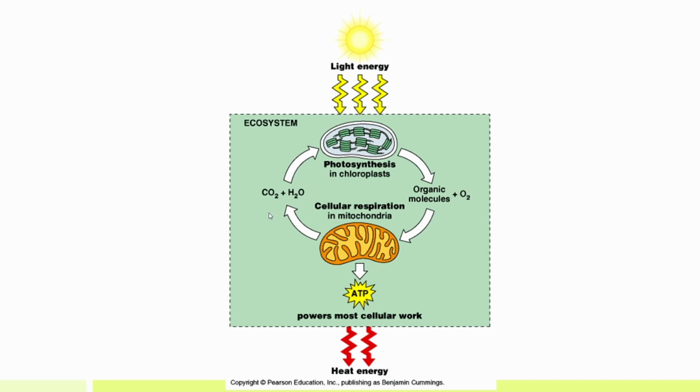So in the carbon cycle, carbon leaves the air in photosynthesis and returns in an organic molecule. We're getting oxygen returned to the environment via the oxygen cycle, via photosynthesis. But the same reactants are products in one reaction, and vice versa in the other reaction. So notice how light energy eventually is able to power most cellular work via the processes of photosynthesis and cellular respiration, but this isn't 100% efficient, so even though energy or ATP is created, heat energy is a byproduct.